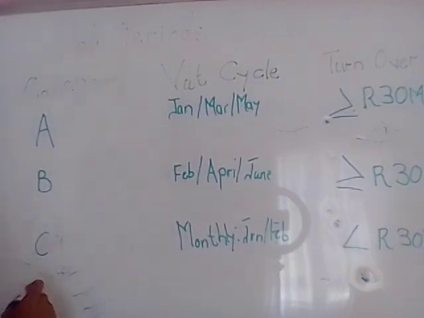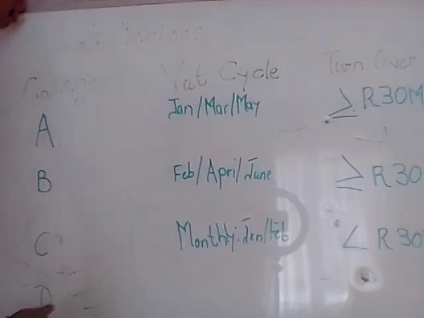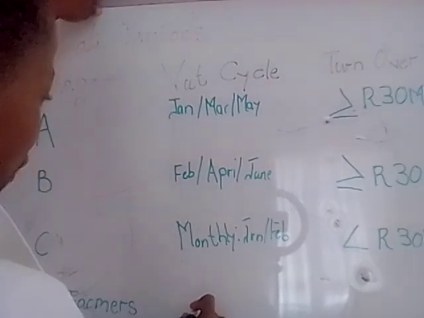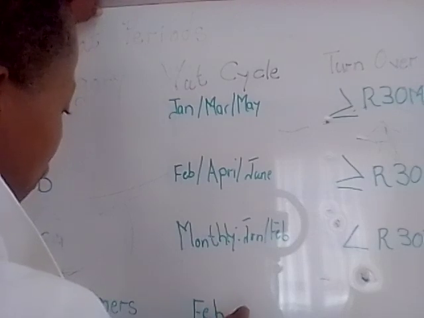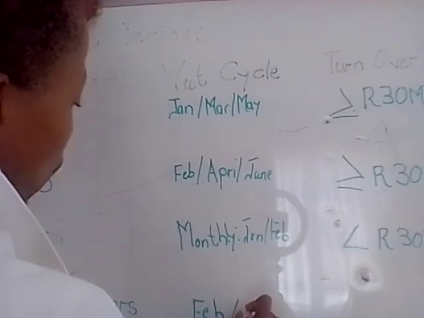And then we move over to a category D VAT vendor. In most cases, these guys tend to be farmers, right? And their actual submissions are at the end of February, twice a year, or end of August.